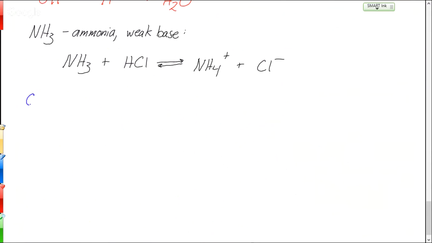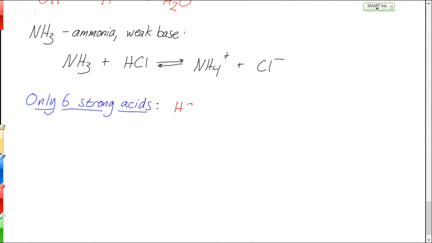Another thing to note is that there are only 6 strong acids. That is, acids that dissociate completely in water, that break apart completely into ions. There's only 6 of them. A couple of them are the ones that you need to know based on the list on Blackboard.